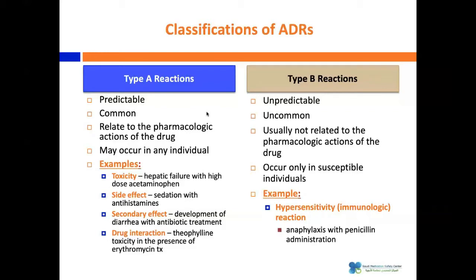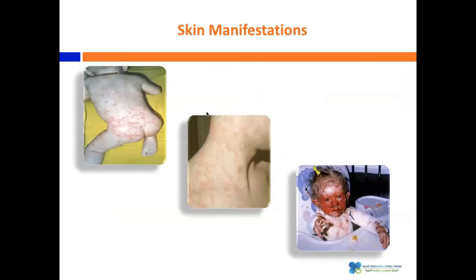But type B is unpredictable, uncommon, and not related to the pharmacological action of the drug. It occurs in susceptible individuals. Like the case that we presented earlier, she's a normal person. When she took this drug, she had anaphylaxis to the cefuroxime, okay? So these are the two types of ADRs.